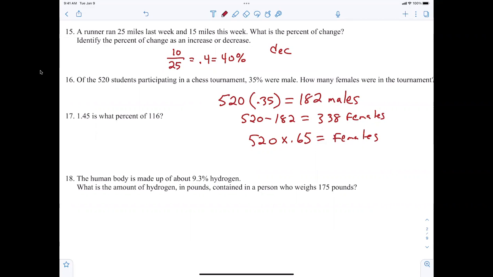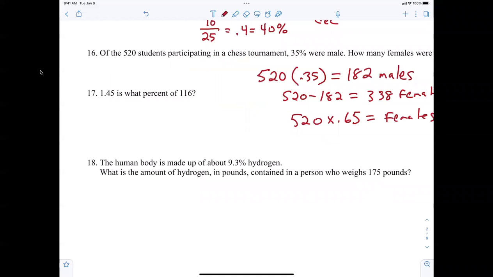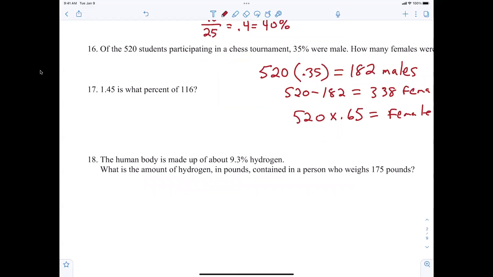Okay, Cappy, tell me how to do 17. So 17 would be 1.45. Good. And then would you divide that by 116? Is over of. And then on the other side, that would be x over 100.